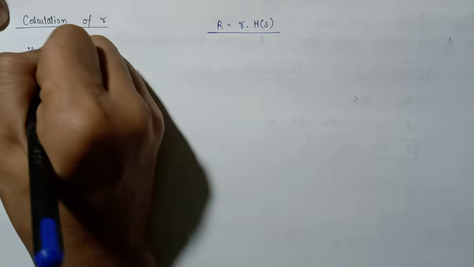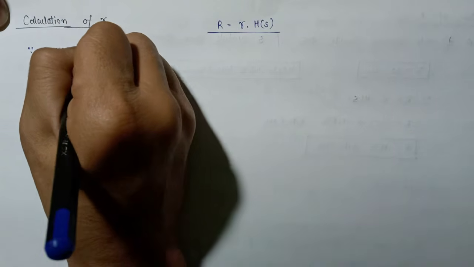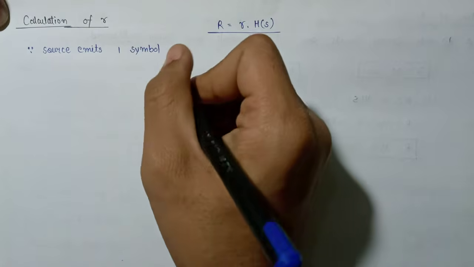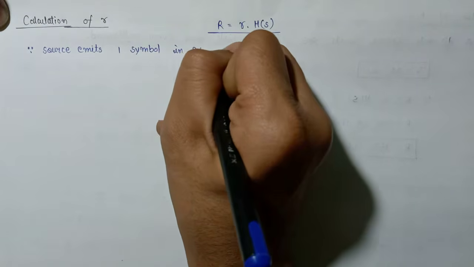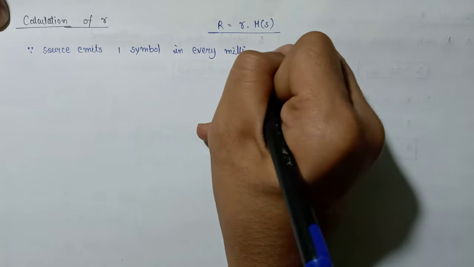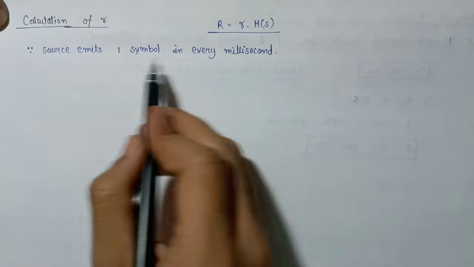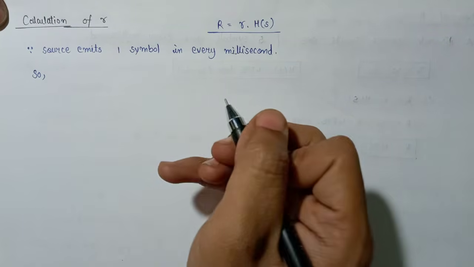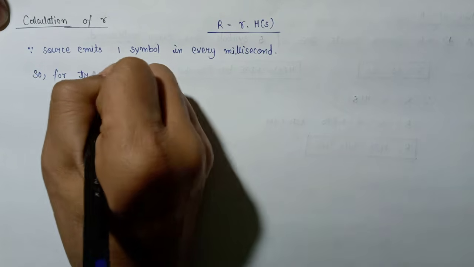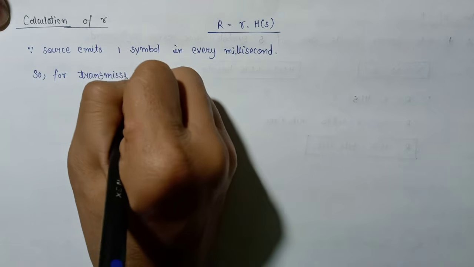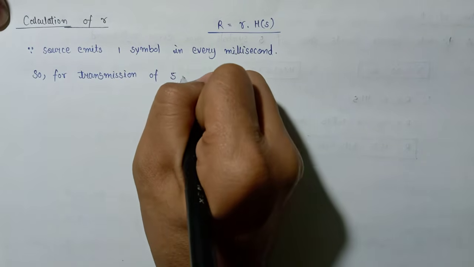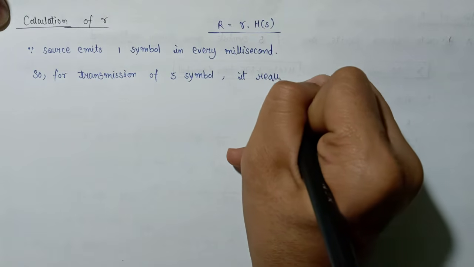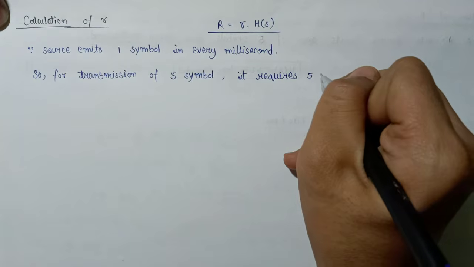Since the source emits one symbol in every millisecond, as given in our question, for transmission of 5 symbols it requires 5 milliseconds.